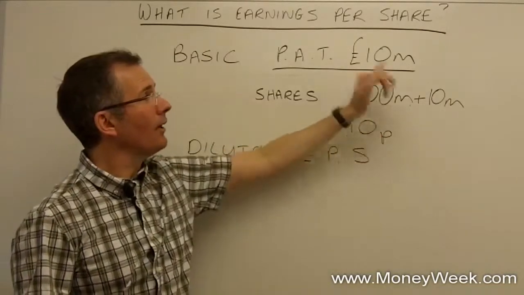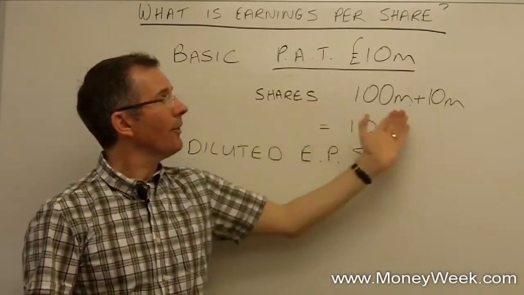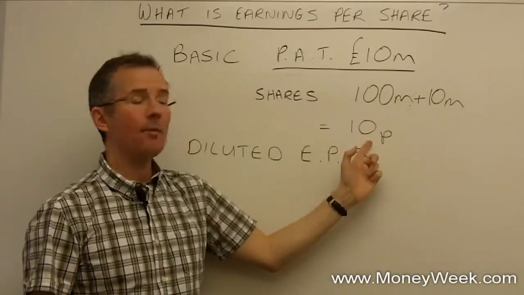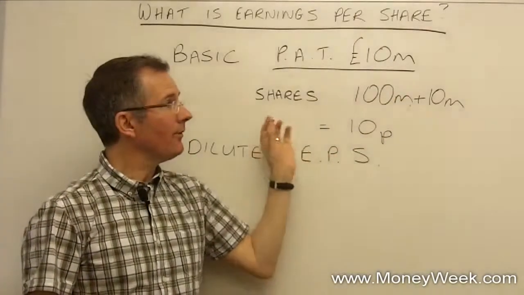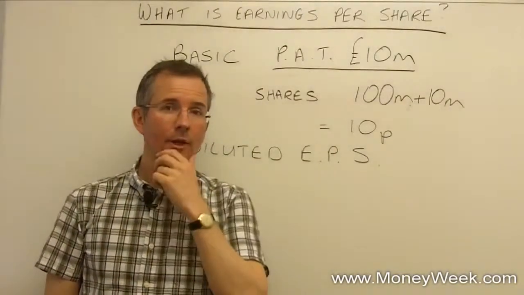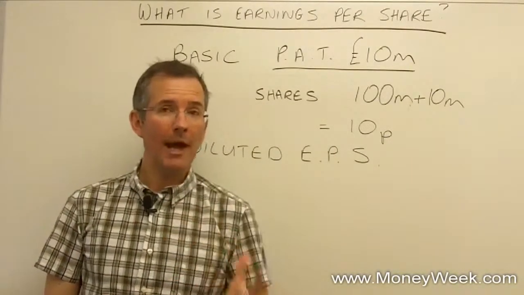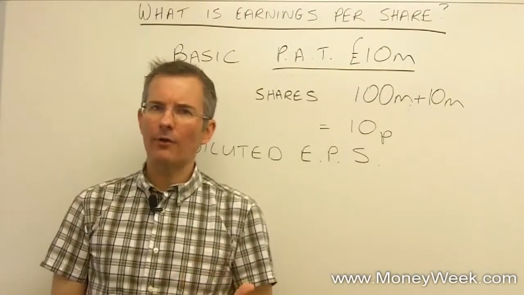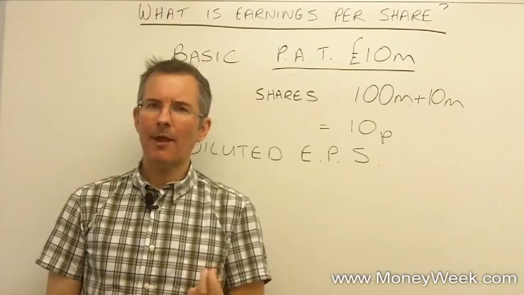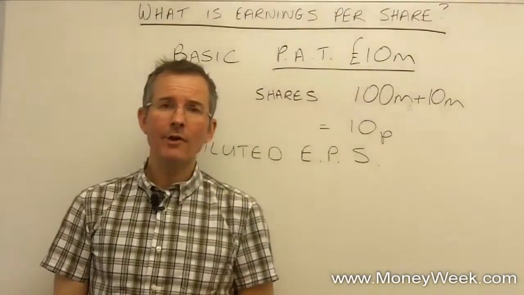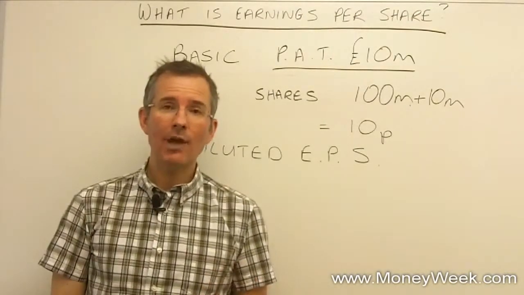Okay, so diluted earnings per share looks at things that might create more shares and therefore bring down this 10p per share. These events haven't necessarily happened yet, but that's thought to be useful to shareholders to get a picture as to what could happen to earnings per share. Other examples of dilutive events, warrants outstanding, pieces of paper that allow you to buy shares suddenly being exercised, or the conversion of debt into shares.